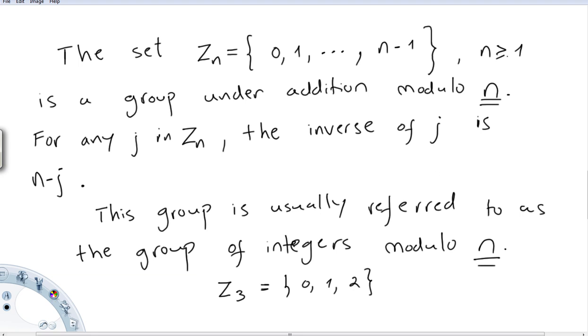Of course, for n equal to 1 or greater than 1, it is a group under addition modulo n. For any j in Zn, the inverse of j is n minus j. This is very easy to check. You can check all this. This group is usually referred to as the group of integers modulo n.